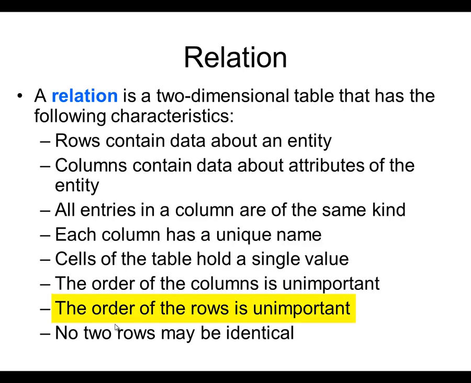The order of the rows is unimportant. In some cases it might be important to arrange the rows in a certain way, maybe alphabetical, but most of the time it is not important. The most important thing is to get to that row or that record. It's very important not to have two rows that are identical. That's why we have different rows or records.